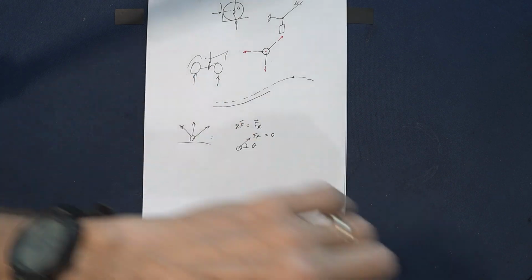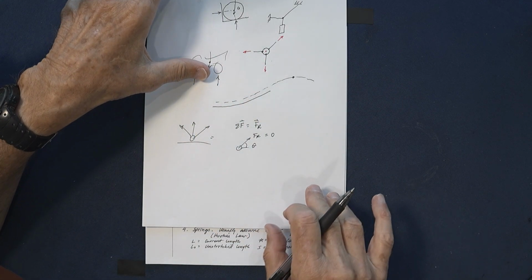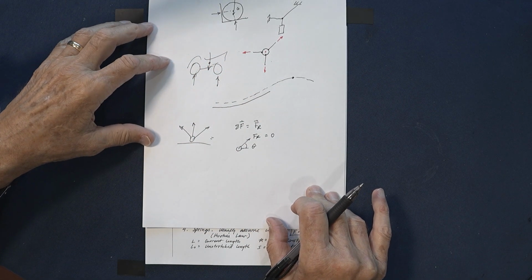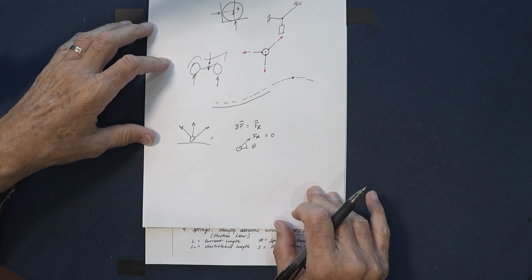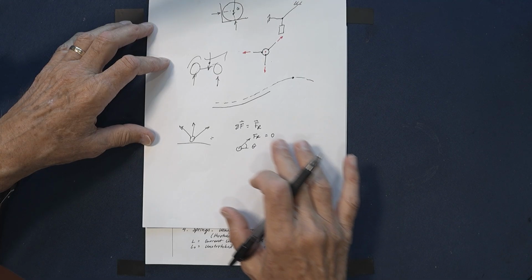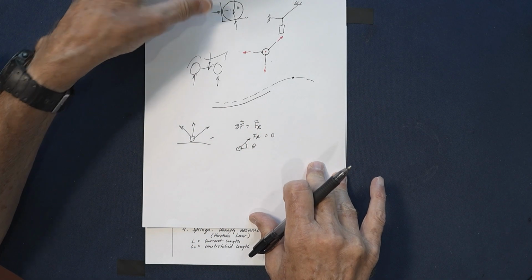Newton's first law says that a body in motion will remain in motion, or a body at rest will remain at rest, unless an unbalanced force acts on it. And so statics is all about balanced forces. In other words, the vector sum of all the forces that act on a body equals 0.